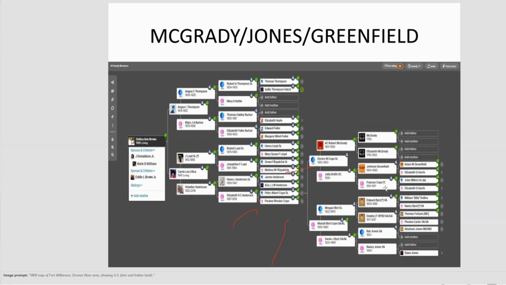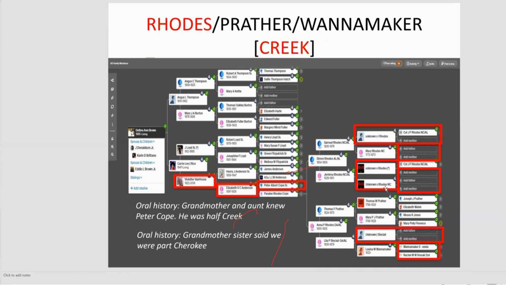So one thing I want to show you here with my gaps is here. So we're going on oral history. My grandmother said she walked with her grandfather, who was half Indian, and he was a Creek. And back then I said, okay. And my aunt, her daughter, said she saw Peter Cope, her grandfather.